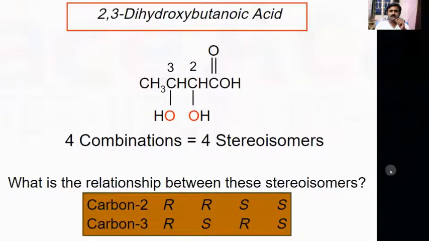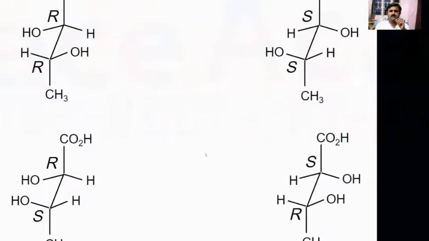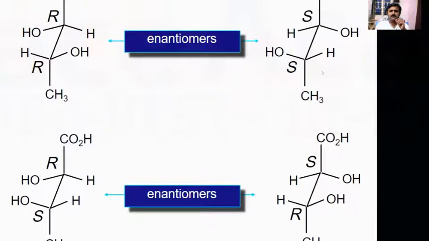What is the relationship between these stereoisomers is an important point. Yes, enantiomers 2R,3R and 2S,3S. If you see, this is the diagrammatic one, another picture we have, and how the enantiomers are shown. Alpha value is minus 9.5 for the left side.